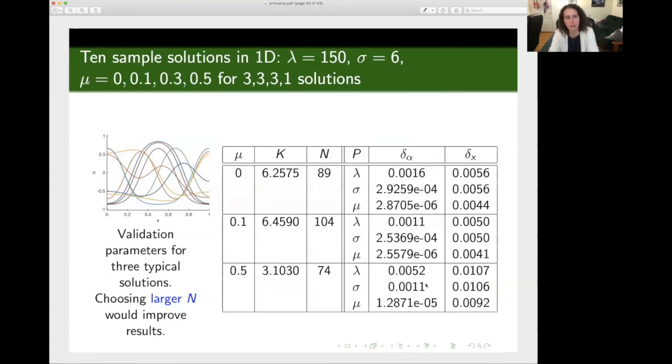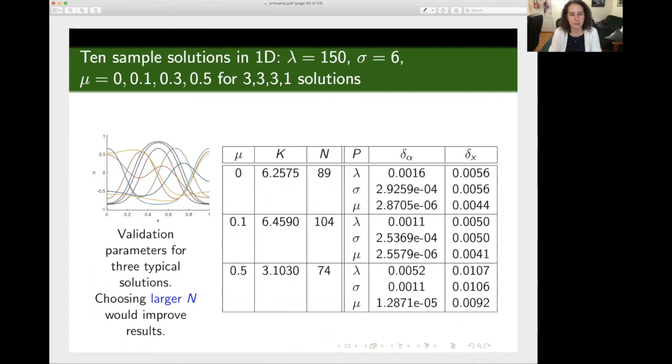So I wanted to show you, in 1 dimension, here are some solutions. There are 10 of them. And the lambda value is 150, the sigma is 6, and then mu is a variety of values.